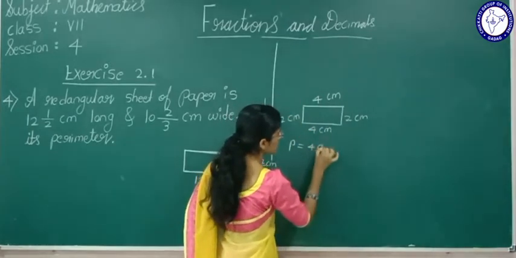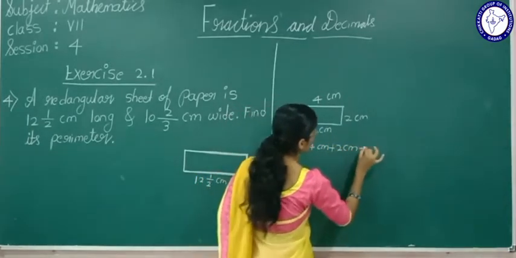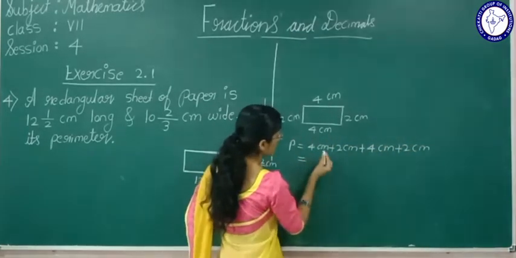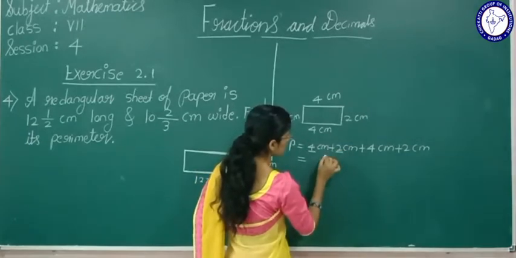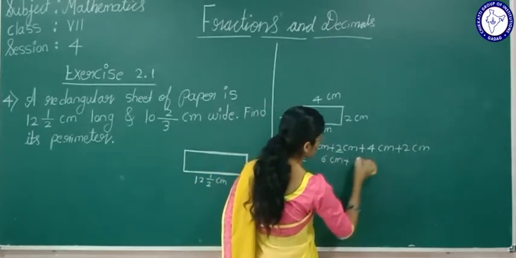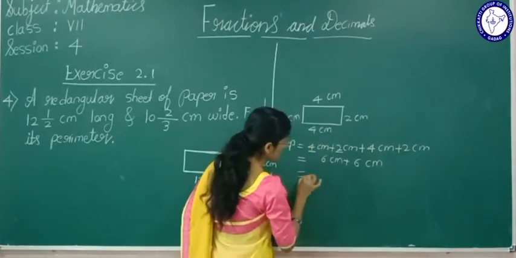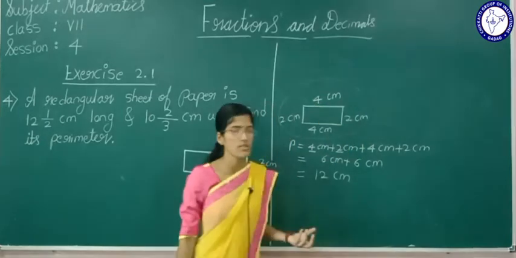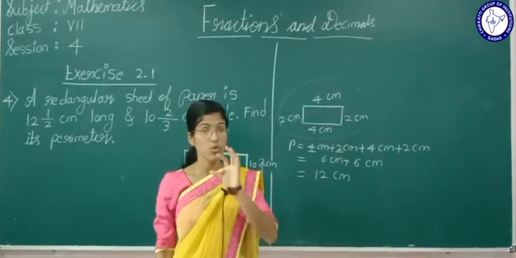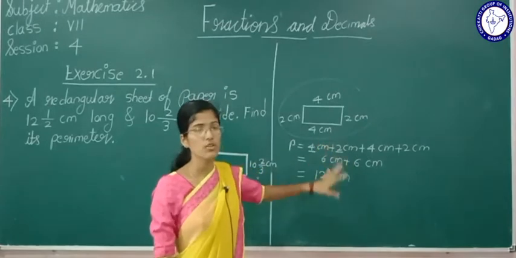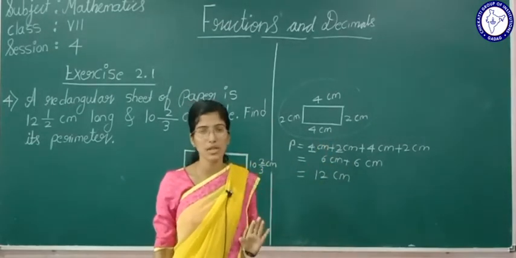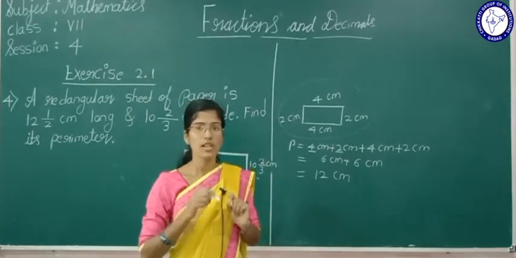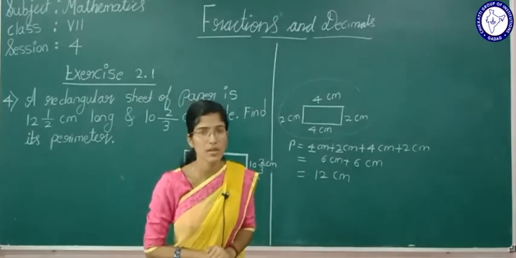See here, 4 centimeter plus 2 centimeter plus 4 centimeter plus 2 centimeter. 4 plus 2 is 6 centimeter, 4 plus 2 is 6 centimeter, 6 plus 6 is 12 centimeter. The total length of this rectangle is 12 centimeter. The total length of all its sides is nothing but the perimeter.